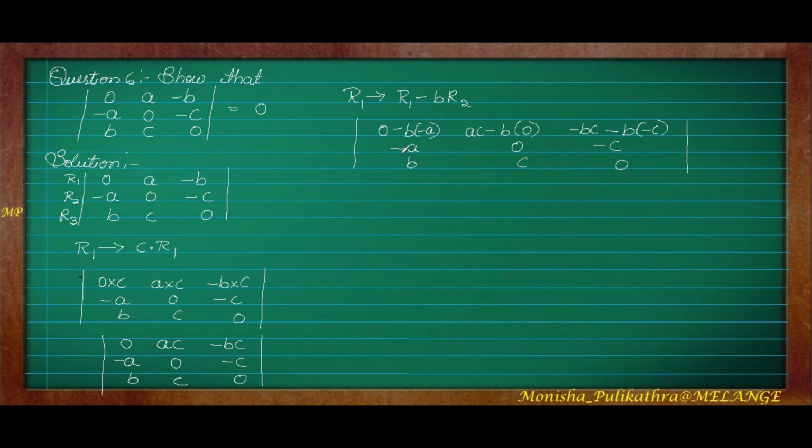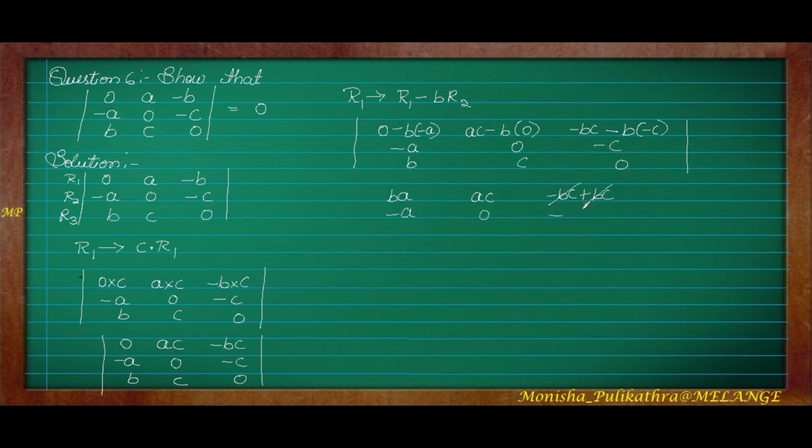Next what will happen: 0, here minus into minus is plus, so 0 plus B into A is BA, minus minus cancels. Here B into 0 is 0, any number multiplied by 0 will be 0, so this entirely goes, the remaining will be AC. Here minus BC, minus into minus becomes plus, B into C is BC, so plus BC minus BC cancels.